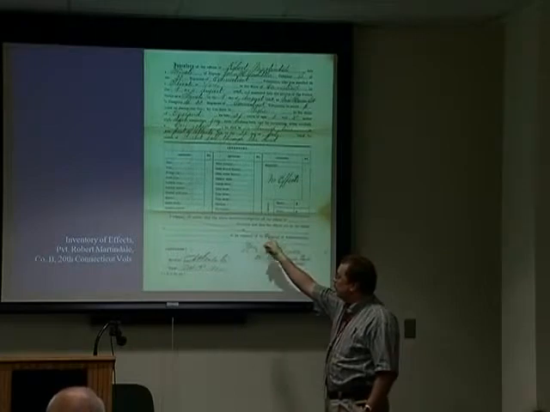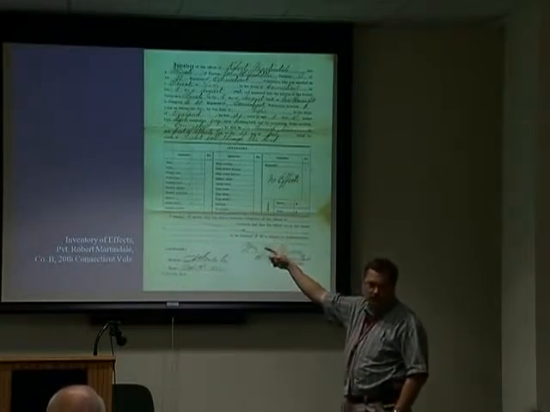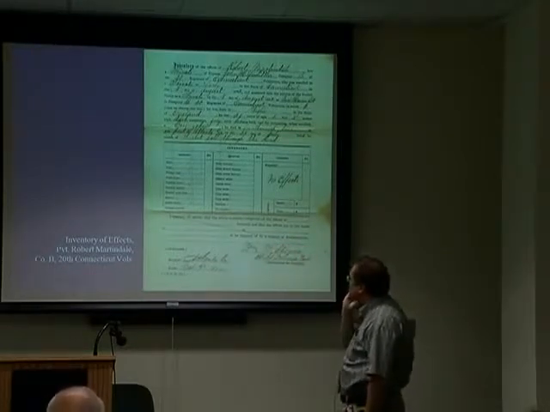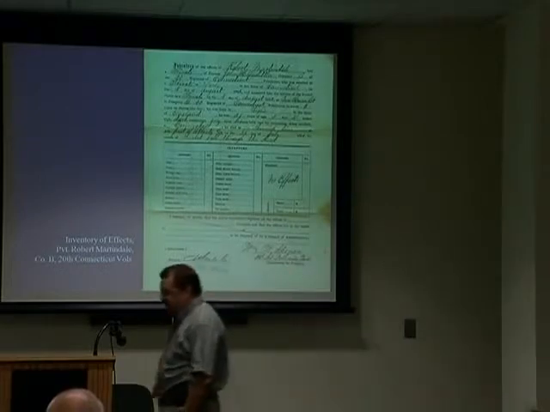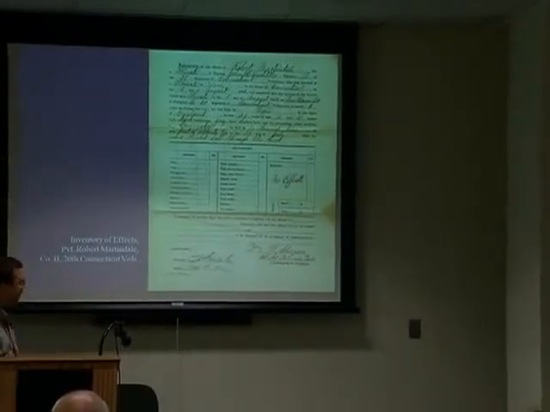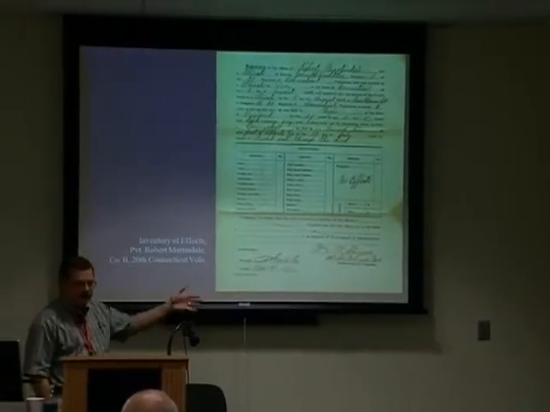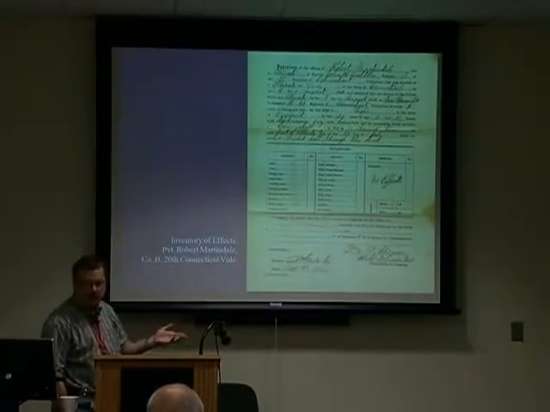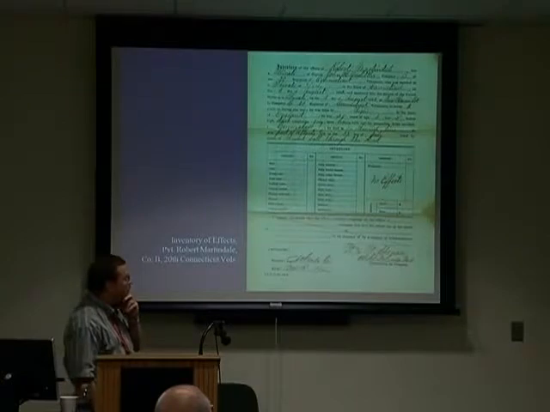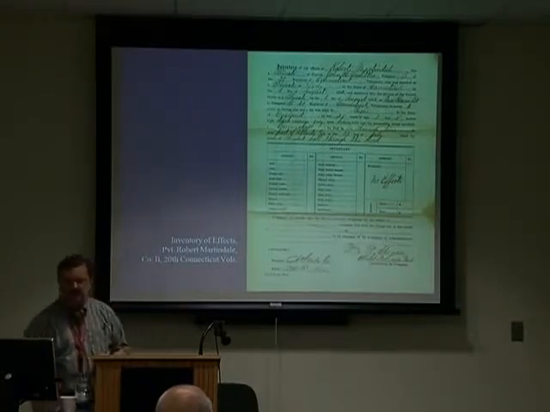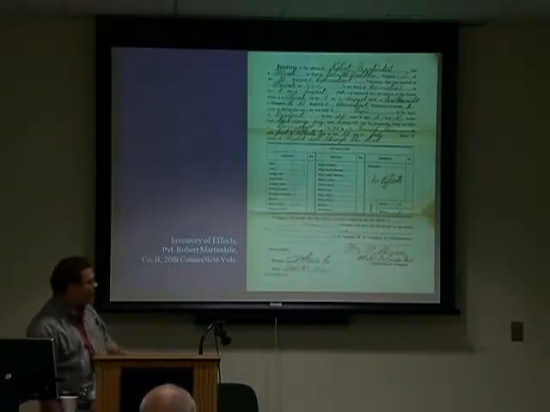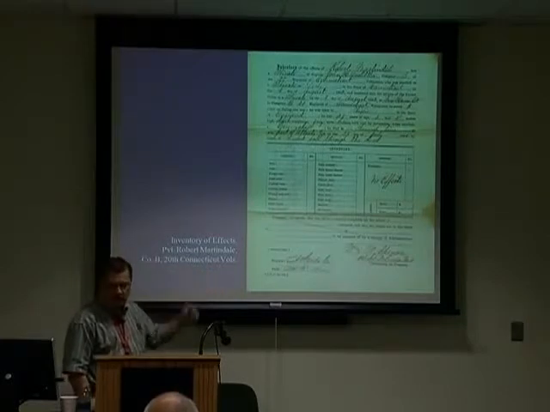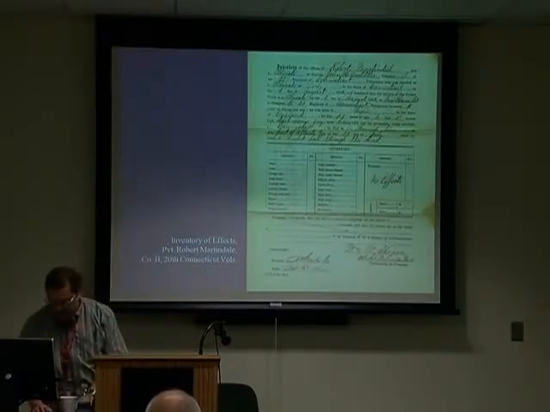In this particular instance, though, it doesn't list any of his personal belongings that he had on him, which I find a little unusual. And even though he was out on the picket line in the skirmish, he would have still had his military accoutrements with him. So I would have thought that they would have listed that, but for whatever reason, the clerks didn't. But this is what the typical document would look like.